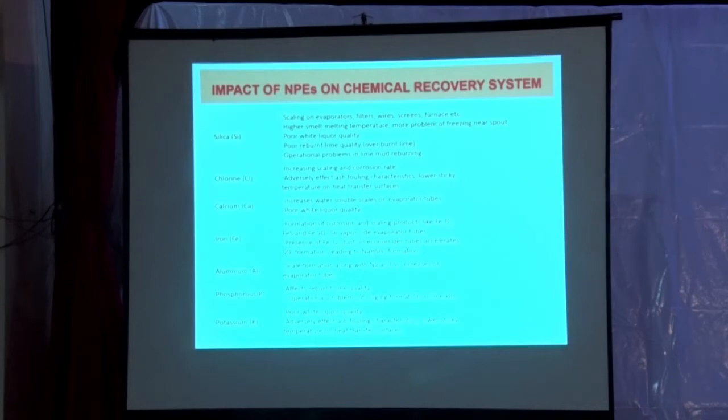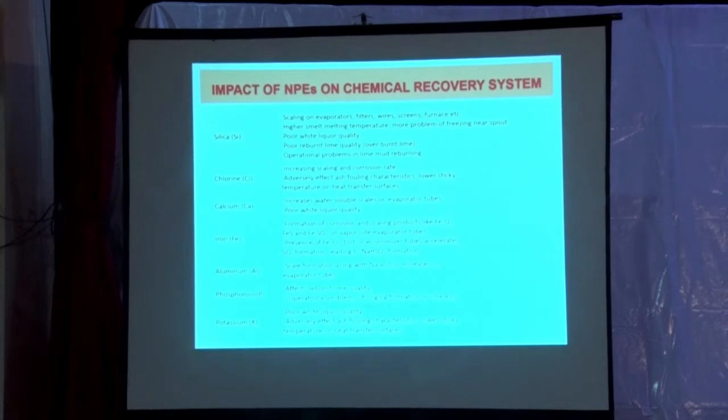You end up with low lime purity. Then you increase the temperature. Where there is a sheath, you get good lime quality. But where there is no sheath, you get overburning of lime. You get the available CaO, but it is overburnt, it has no activity, so you get non-reactive lime. This is the problem due to silica.